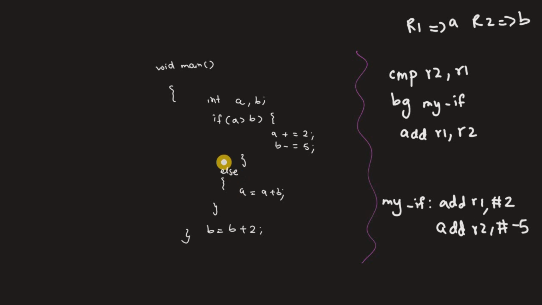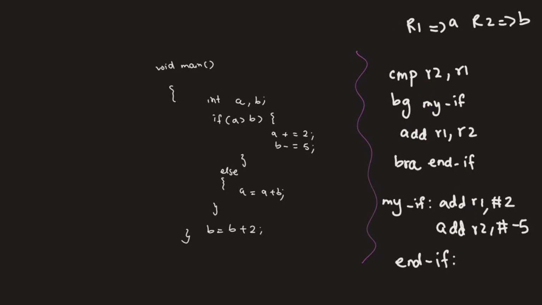So after the else, it should go in here. So we're going to put a branch over here, let's say end if, you can call it anything. So end if, and then you will go ahead and put the condition for end if over here.